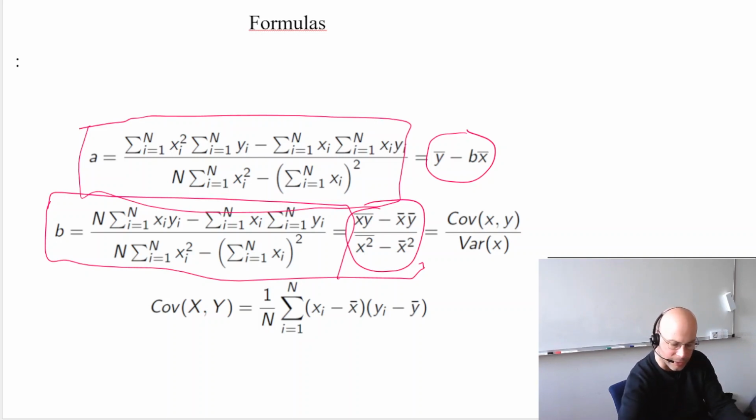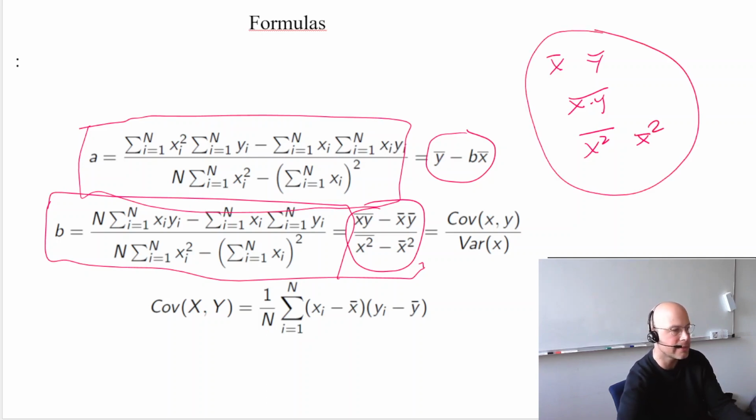So which average values do you need? We need x bar, we need y bar, we need x y bar, and we need x squared bar and x bar squared. And if you have these numbers, you can just put them into your formula and you are done.